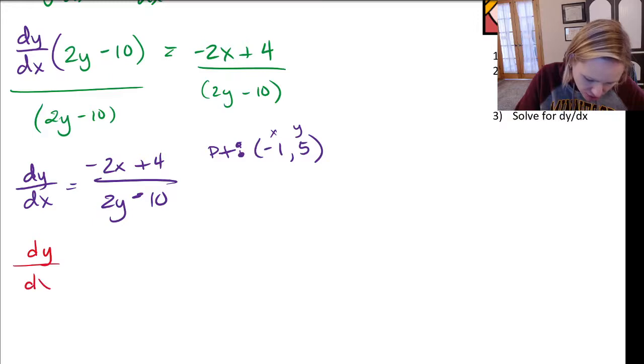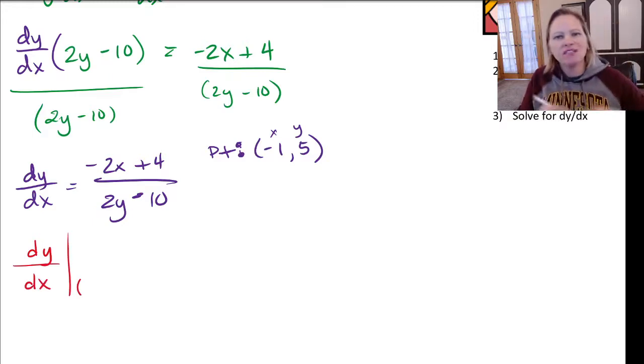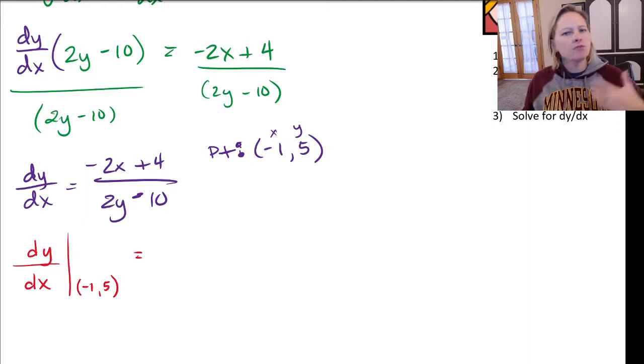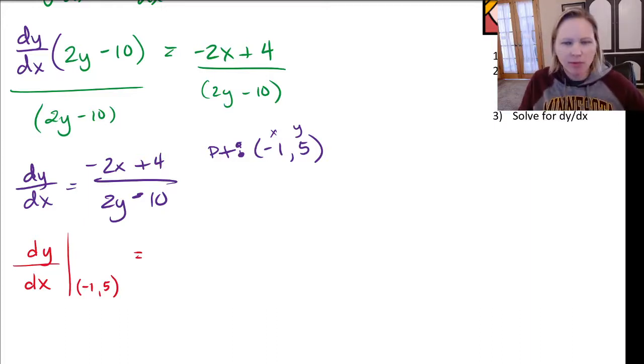Here's my notation. I'm going to say dy dx, and then I'm going to draw this line. This line means evaluated at, and then -1, 5 equals. So anytime I'm using my AP exam, if I'm using my calculator or anything like that, and I go to plug a number in, using this notation is a way of expressing that you are finding the derivative at a spot.